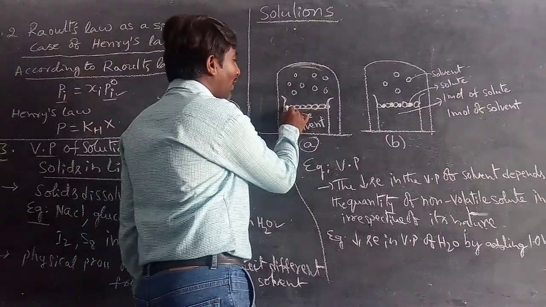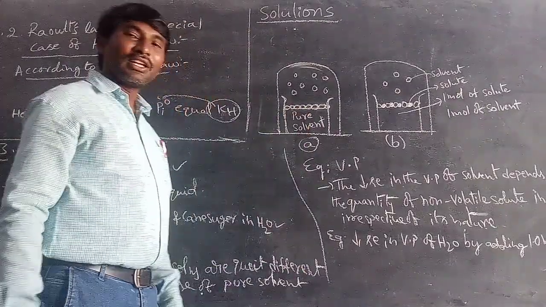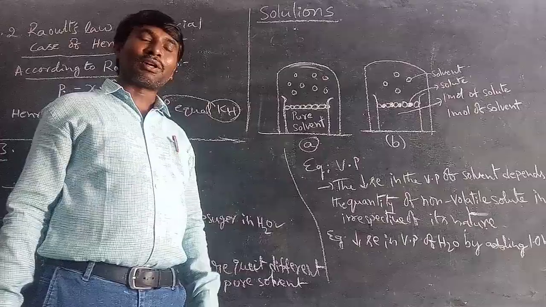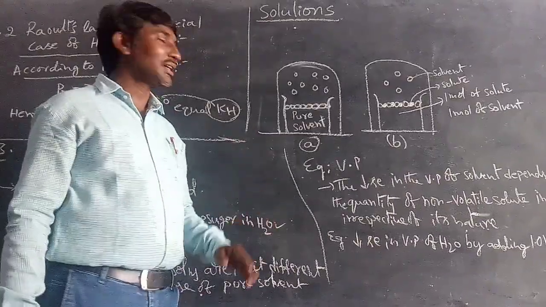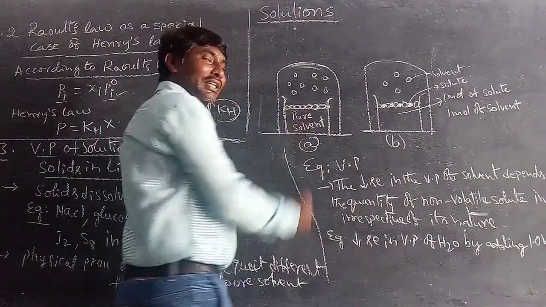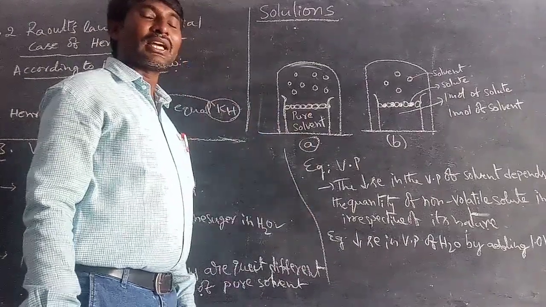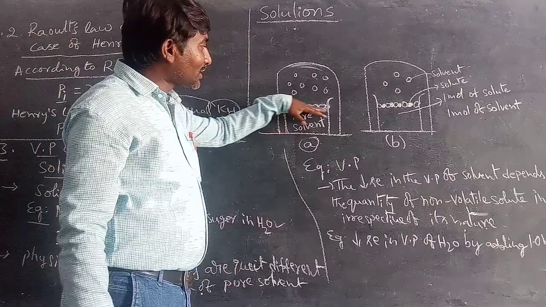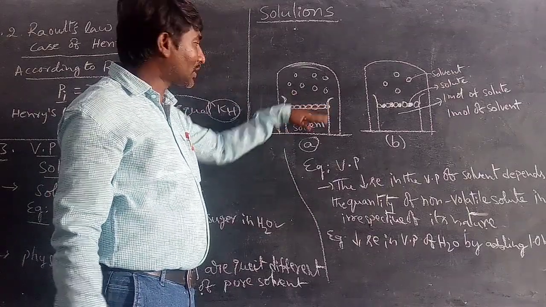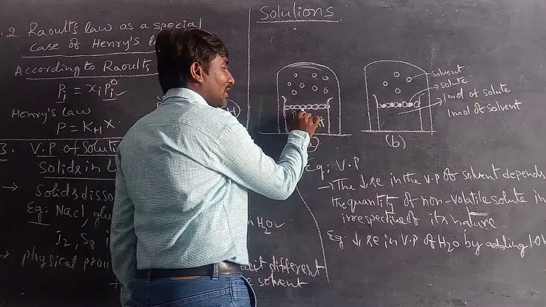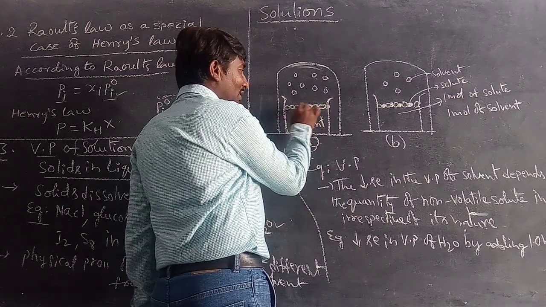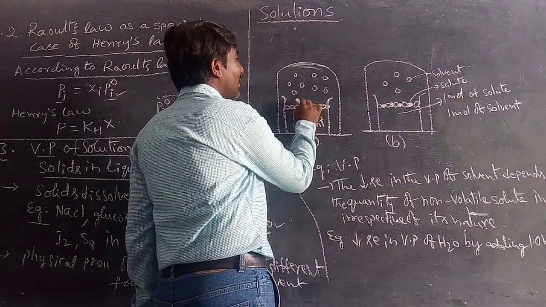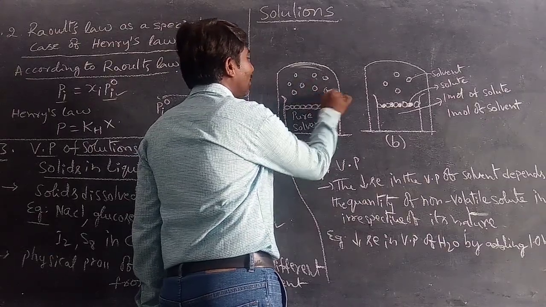After equilibrium is reached under the given conditions of temperature and pressure, a dynamic equilibrium exists: molecules escape from the surface of the liquid and go into the vapor phase.